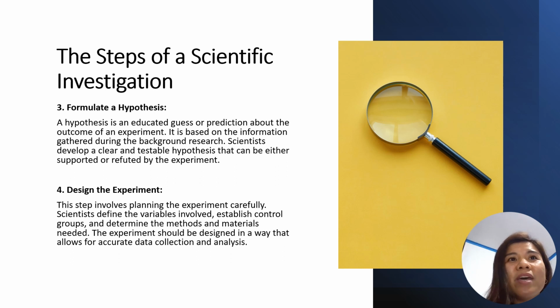This step involves planning the experiment carefully. Scientists define the variables involved, establish control groups, and determine the methods and materials needed. The experiment should be designed in a way that allows for accurate data collection and analysis.